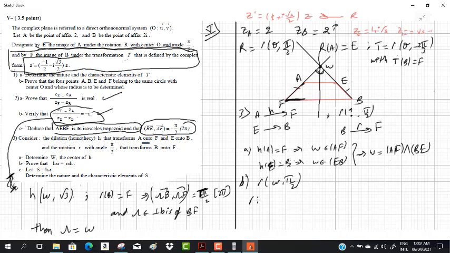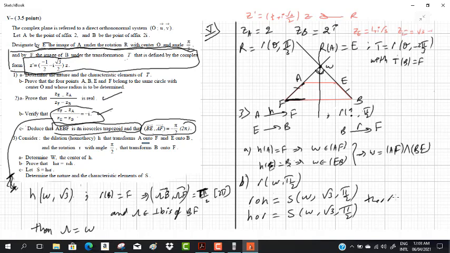R round H is a composite of a rotation with a homothety of the same center, so it is a similitude of center W, ratio radical 3 and angle pi over 2. H round R is also a similitude of center W, ratio radical 3 and angle pi over 2.